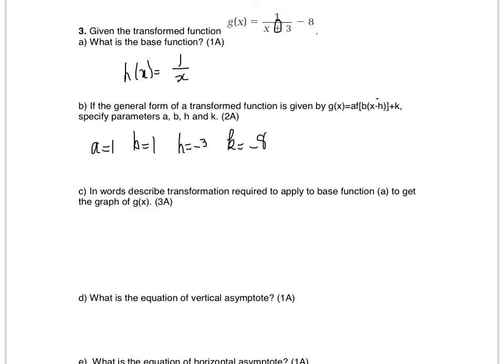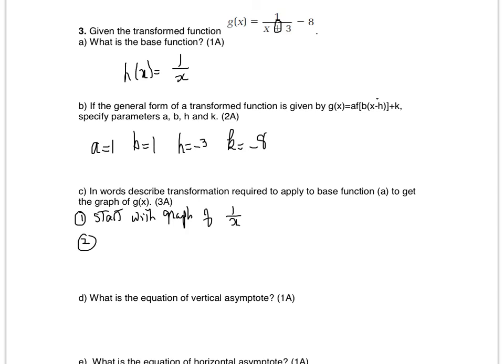Now in words describe the transformation required to apply to base function a to get the graph of g of x. So for step 1, we say that we start with graph of 1 over x, which is the base function.